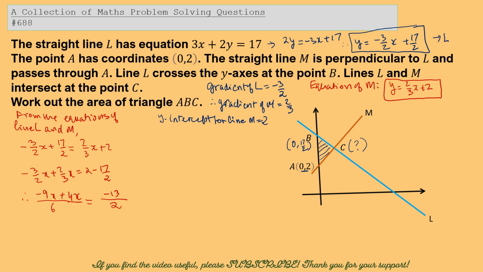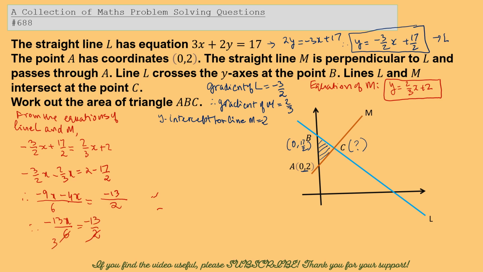So I get minus 13x out of 6 equals minus 13 out of 2.